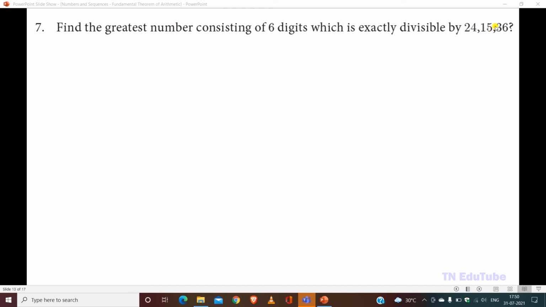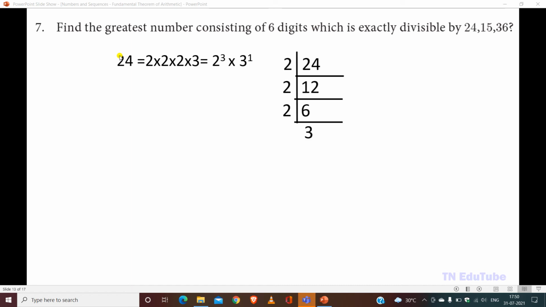When you are finding the least common multiple of these numbers, that common multiple is divisible by these 3 numbers, isn't it? So after that, the common multiple you have to divide the 6-digit number. If any remainder is coming, you have to subtract. First you find out the LCM of 24, 15 and 36.